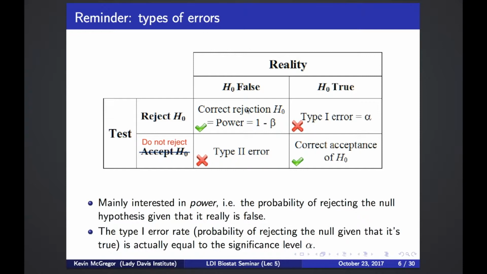The reason why you get 100% power is because every time you have two variables that have a true association, you're just going to be declaring significance no matter what.